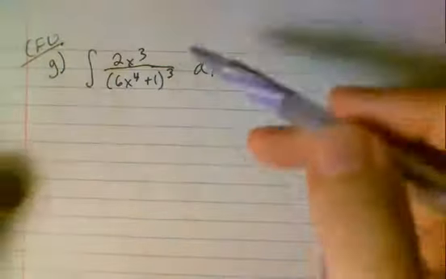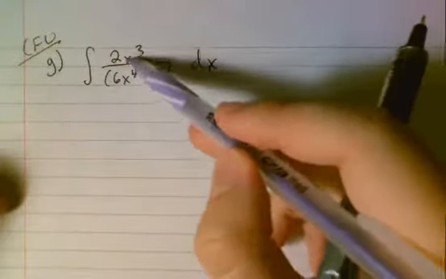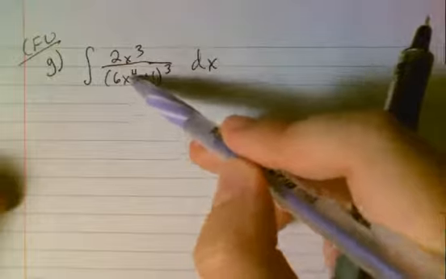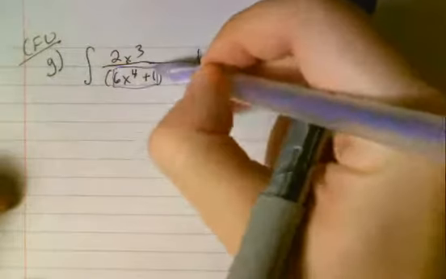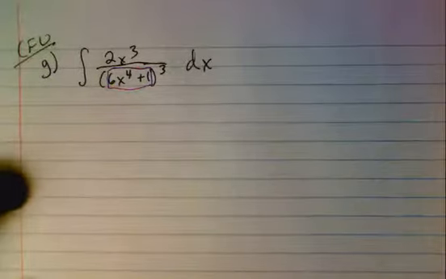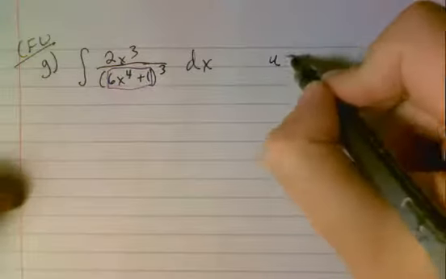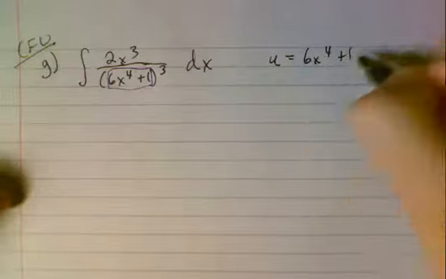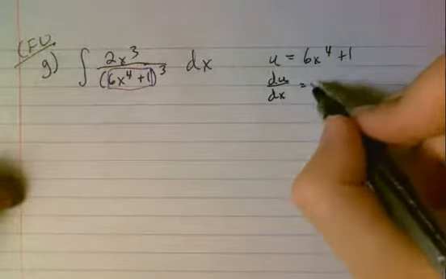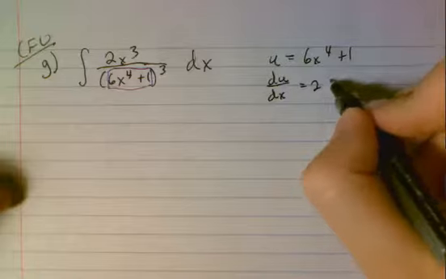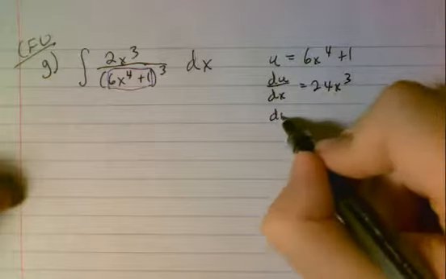So in terms of our box functions, there's one here but there's only x in it. There's one here but there's only x in it. So our best bet is this one, because that's the largest box that we can draw. So let's start off by letting u be that, meaning the derivative of u with respect to x is 24x cubed.